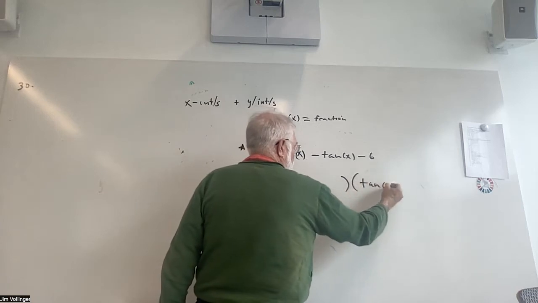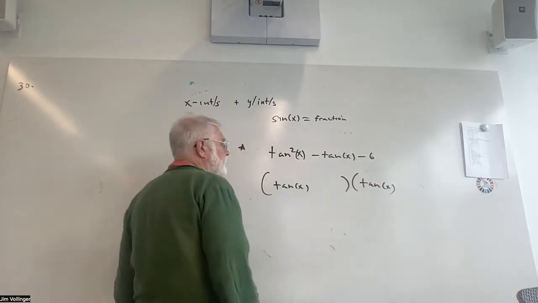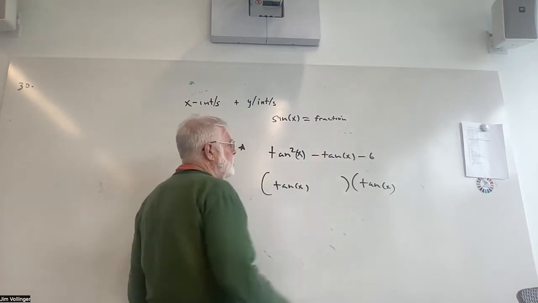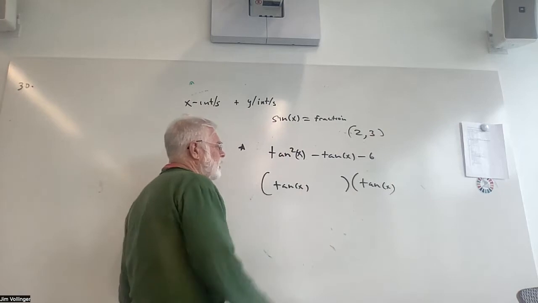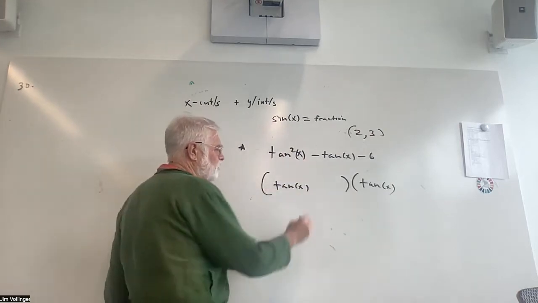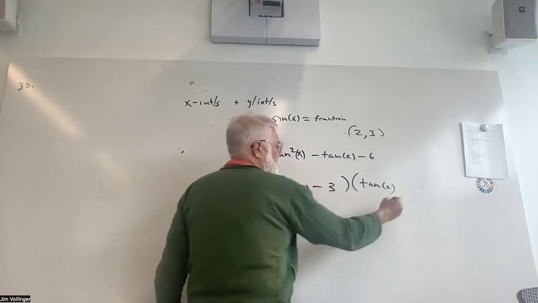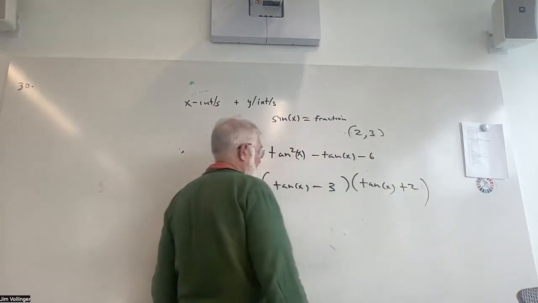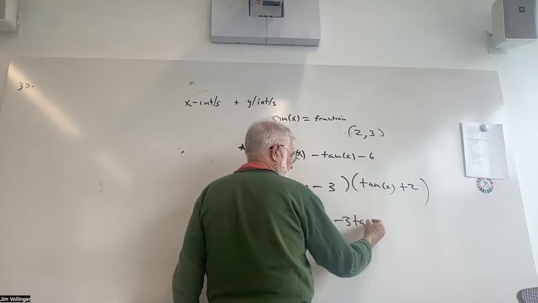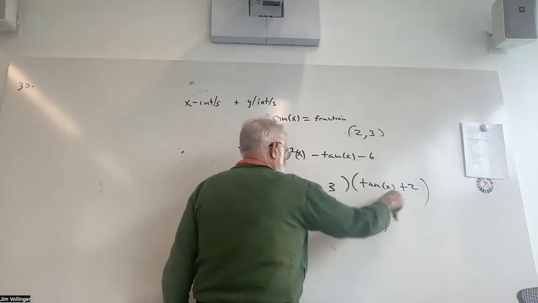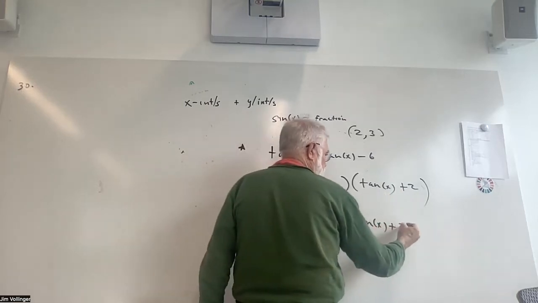Now, there's a bunch of different ways to get 6, but I want them to be 1 apart. That brings to mind the numbers 2 and 3, and I want it to be negative. So there's -3 and there's +2. -3 times tan x is -3 tan x. +2 times tan x is +2 tan x.